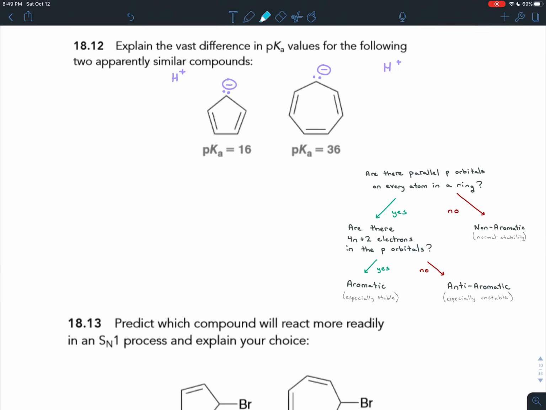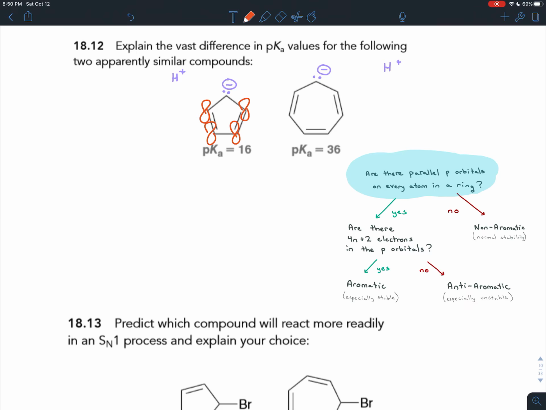So let's start with the molecule on the left and go through the same thought process we've been going through in the last few videos for determining whether a molecule is really stable, aromatic, or really unstable, anti-aromatic. The first question you want to ask yourself is, are there parallel p orbitals on all of these carbon atoms? Well, we know that the carbons that are involved in pi bonds have parallel p orbitals on them. So that takes care of all the atoms but one.